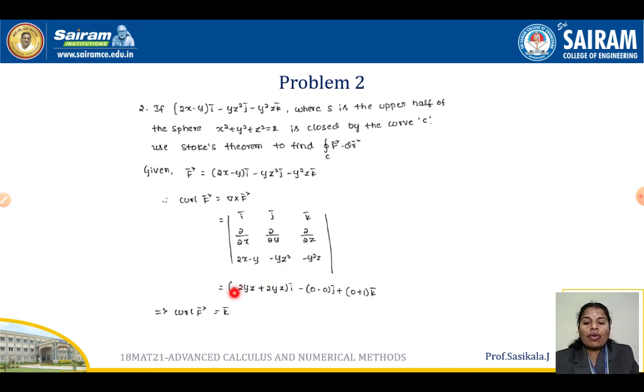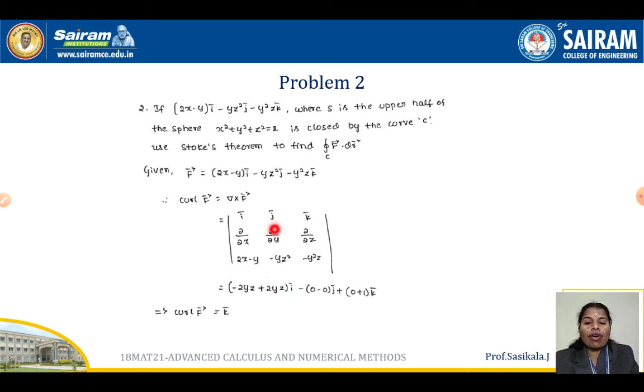Now it is equal to i vector into dou by dou y of minus y squared z, so with respect to y, I'll get minus 2yz, plus dou by dou z of minus y z square. I'll get minus into minus is plus 2yz into i vector.